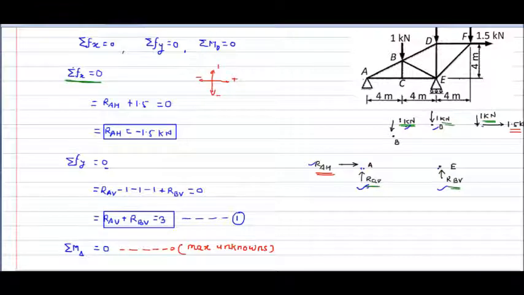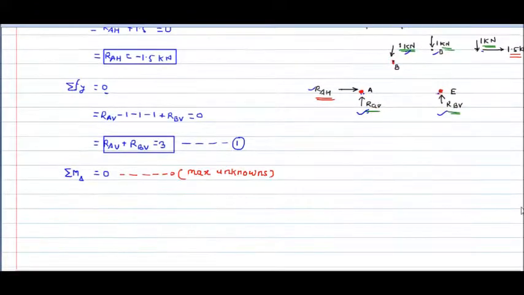So now if you see, there are n number of points where we can take this moment. Either it is point A, point B also we can fix, point E also we can fix. But if we fix this point B, then there are no such unknowns here, because for this truss, forces 1, 2 and 3 will be there in the equation when we use this point B. Okay, so suppose I use this point A, there are two unknowns, that is RAH and RAV.